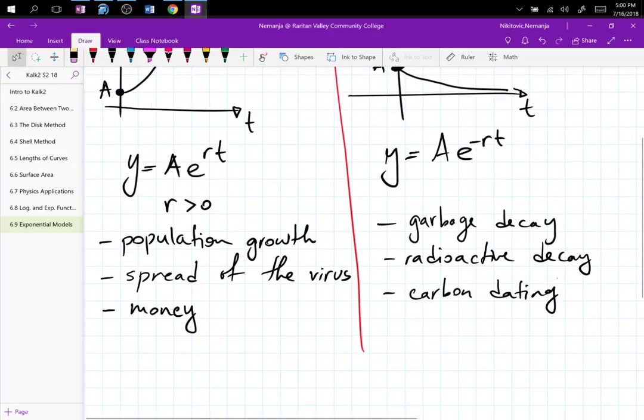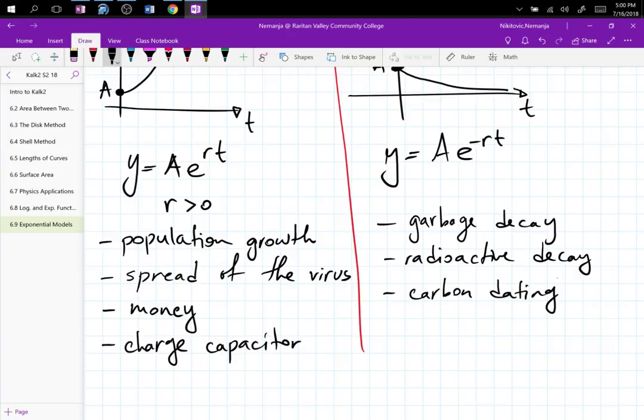And you know what I'm going to add? I'm going to add charging and discharging capacitors in each one of these. So charge a capacitor, discharge a capacitor.